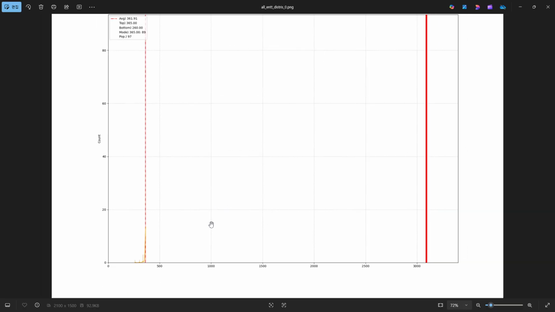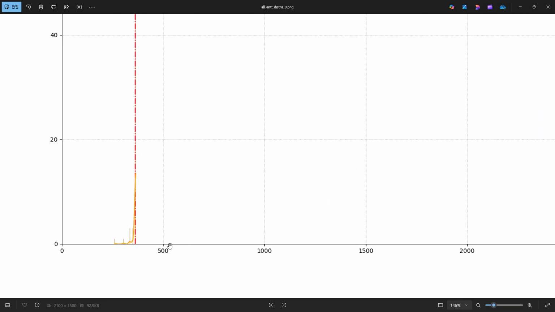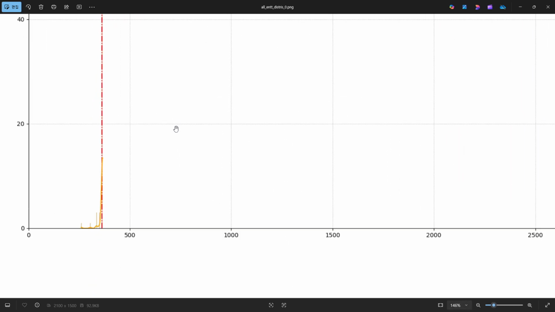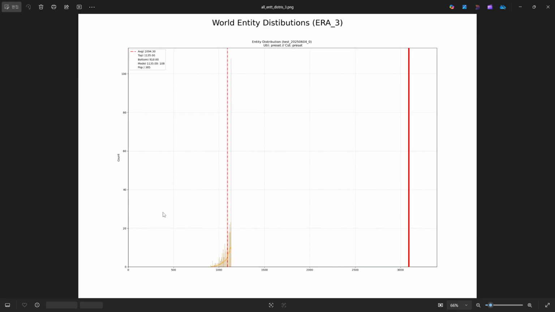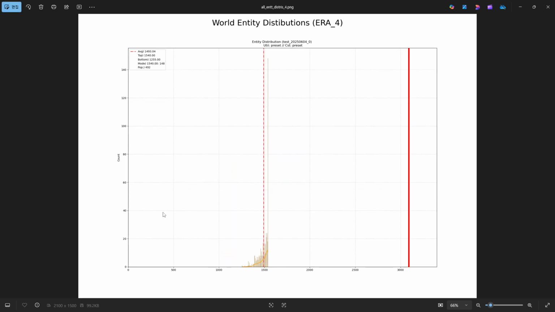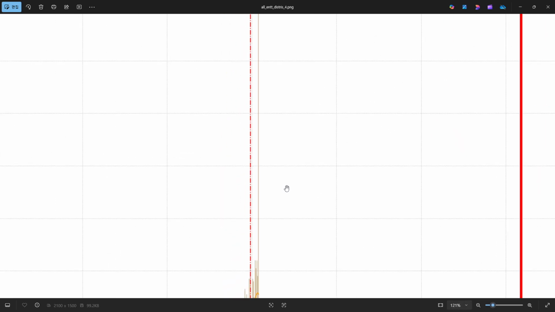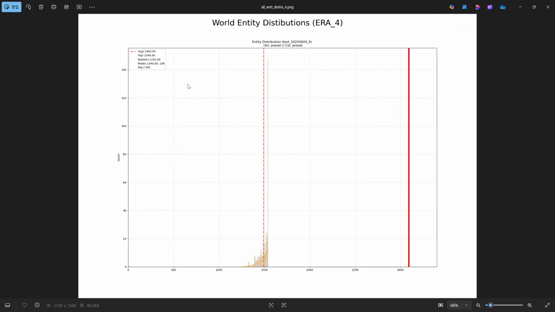I know this is tiny, but this is what it looks like at the end of the first era, second era, third era, fourth, fifth, sixth. Now you can see that until the fifth era the entity distribution is very, very skewed, and you'll see that the mode is the true ceiling, which may look good, but I don't think that's good.